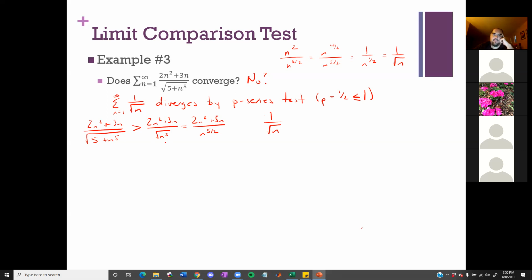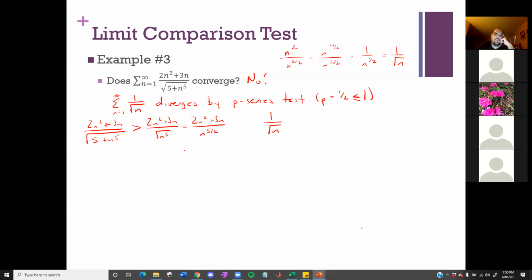If the individual series converge, then their sum converges as well. But I'm trying to show divergence, because that's what I suspect.